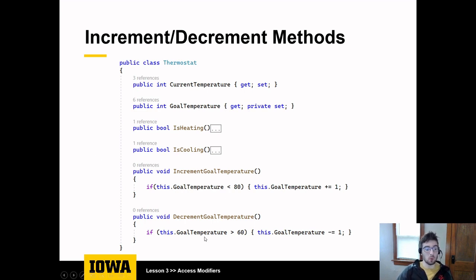Same with decrement: we must be greater than 60 degrees in order to decrease that goal temperature. So by using these methods, we're able to restrict the range that we can set goal temperatures in, and we're more precisely emulating how a thermostat works, at least an old school thermostat.